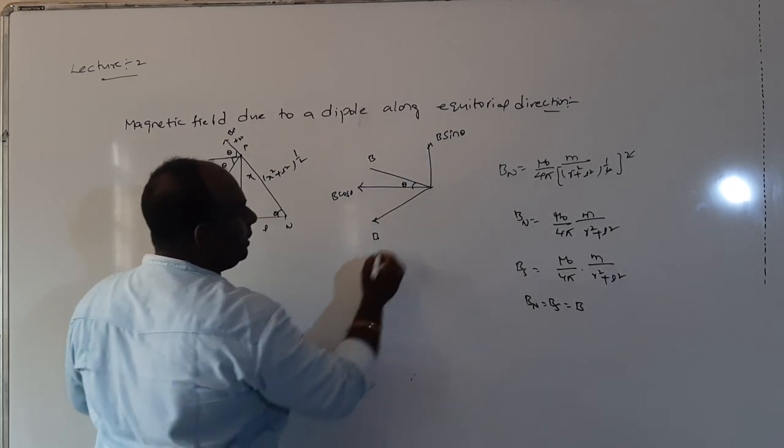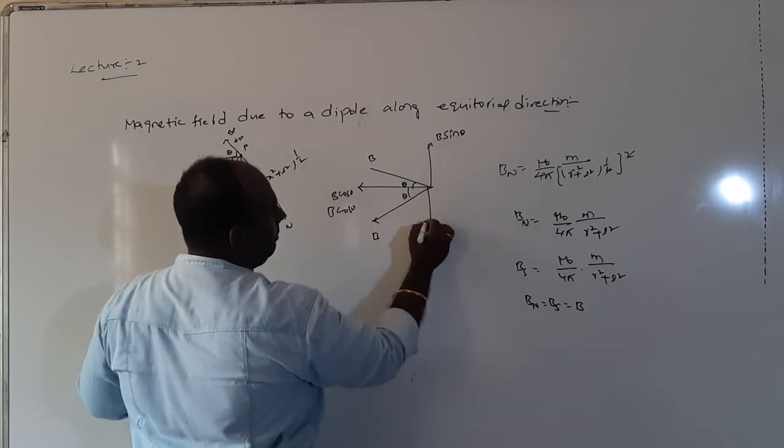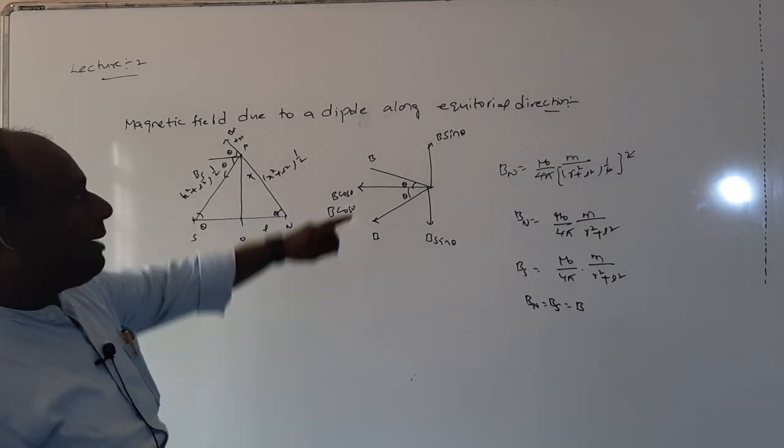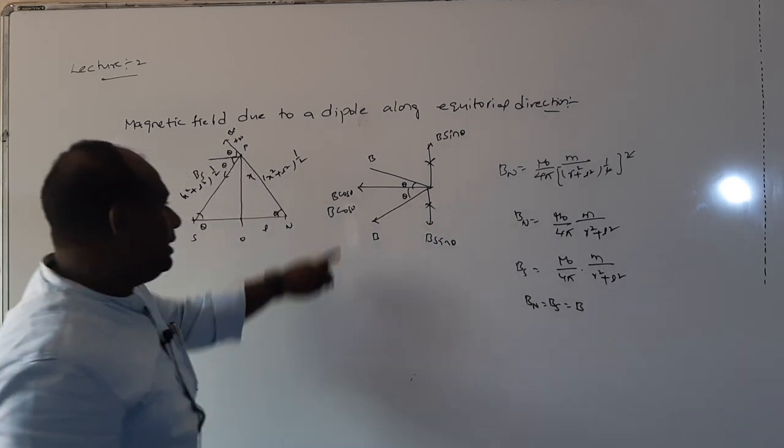If you resolve B into two components, this is also theta, so you will get B cos theta and B sin theta. The B sin theta components are equal in magnitude and opposite in direction, so these two get cancelled. These two get added up.